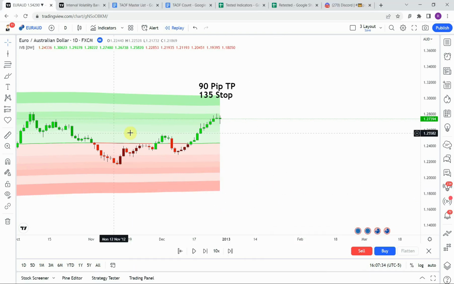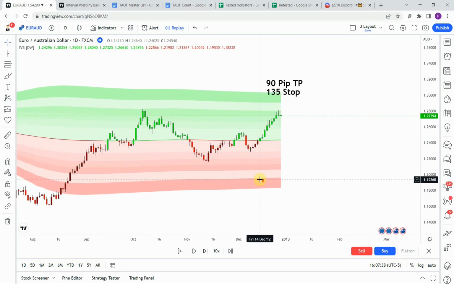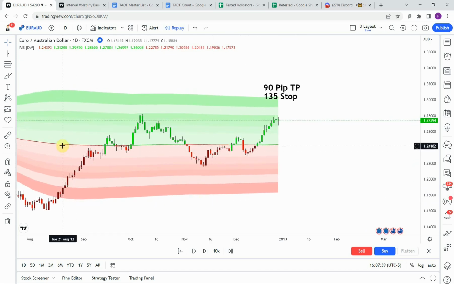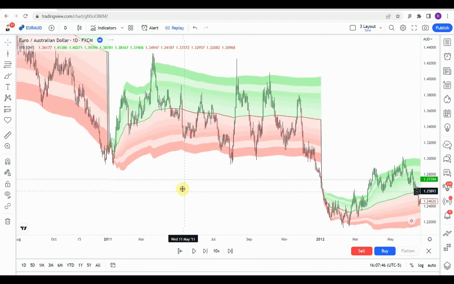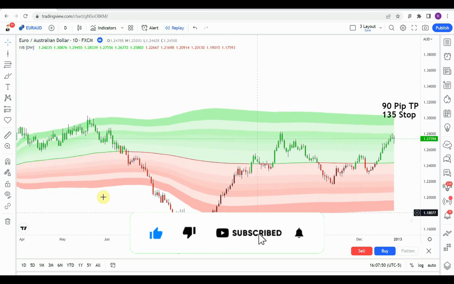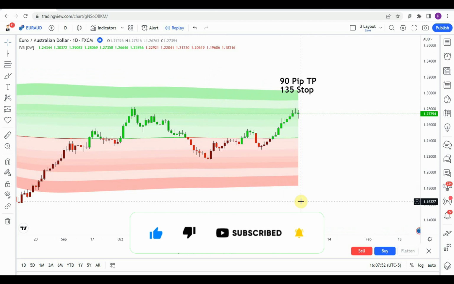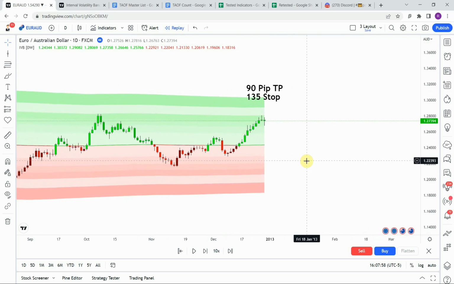Nonetheless, basically what we have is a midline running down these bands. I'll scroll back here so you can see them a little better. This indicator uses a few other indicators to get the calculations and create the indicator that you can see here on screen now.